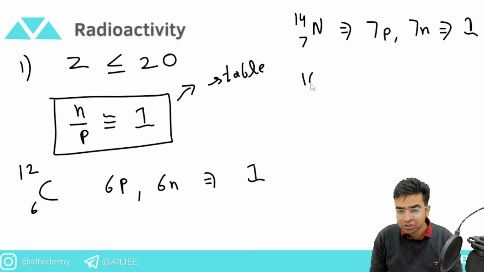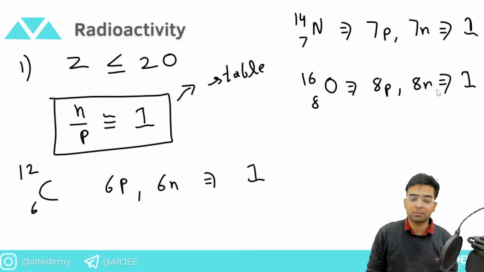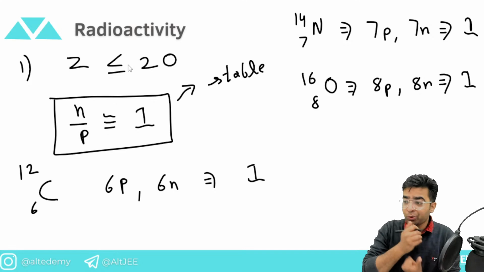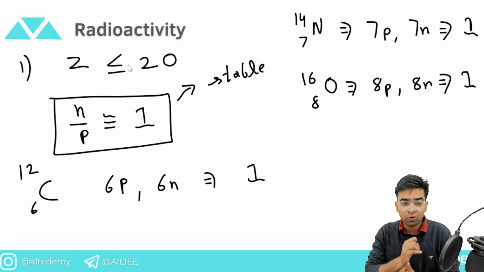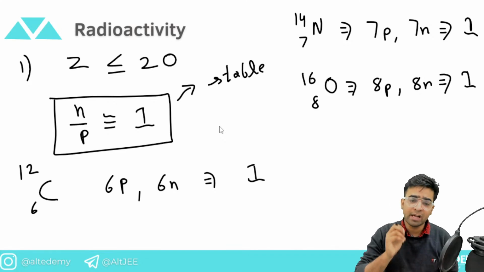Another example, 16O8, oxygen, 8 protons, 8 neutrons. The ratio is 1. So if Z is lower than 20 and its N by P ratio tends to be 1, then we can call it a stable atom.